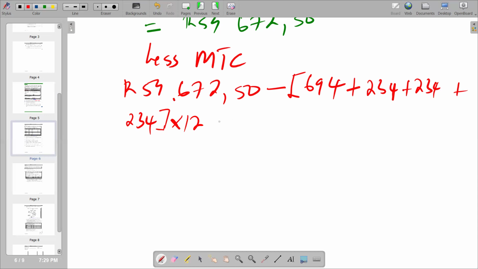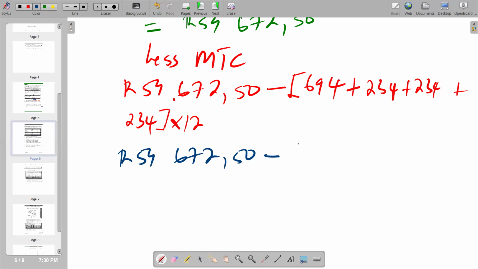If we calculate inside brackets, I'm trying to see what we get inside the bracket. It becomes 59,672 rand 50 cents, and then obviously we subtract. Let's use our calculators and see what exactly we get.